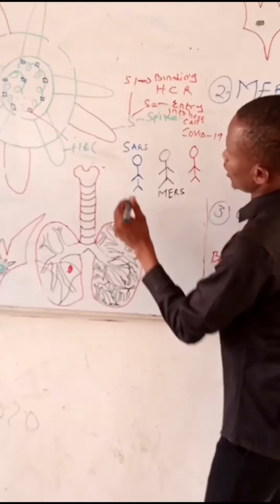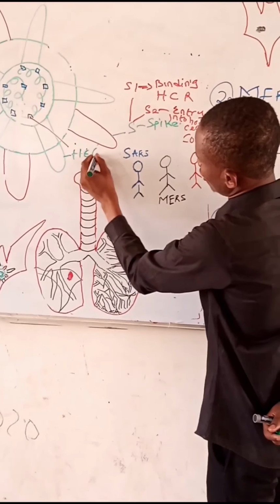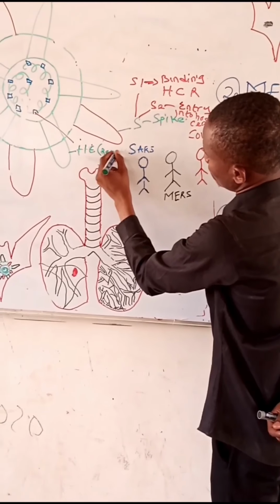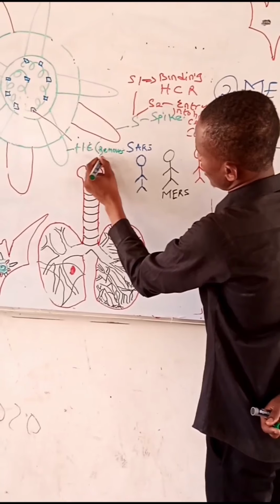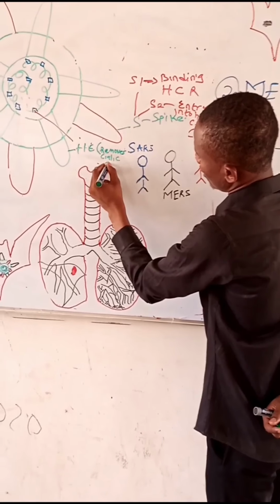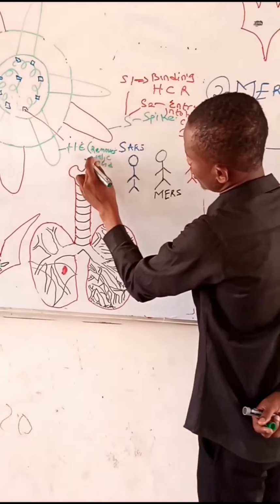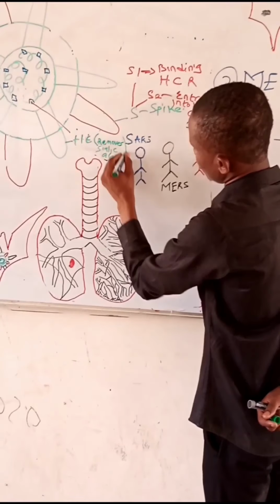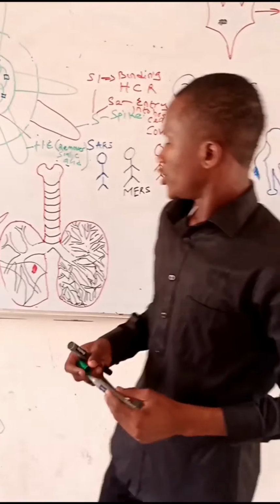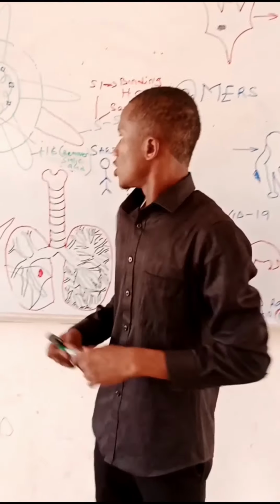So we can say that the HE protein removes sialic acid. This is the function of the HE protein.